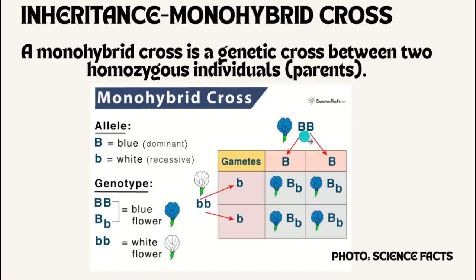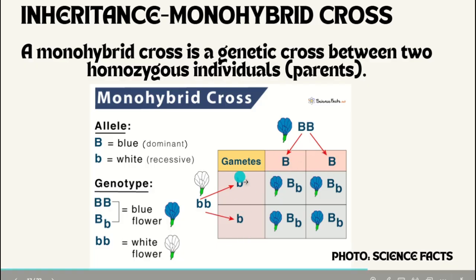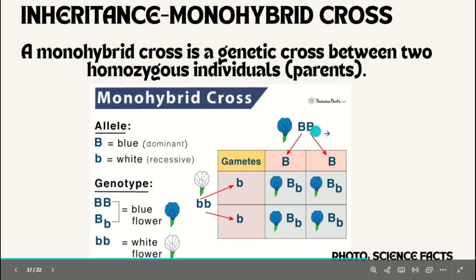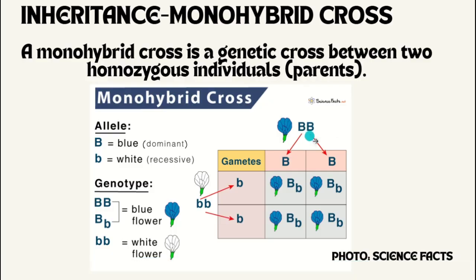We said homozygous. You can have homozygous dominant and also homozygous recessive. So if you cross a homozygous dominant with a homozygous recessive, let's say we do flowers, my bad. So we're doing flowers in this example.